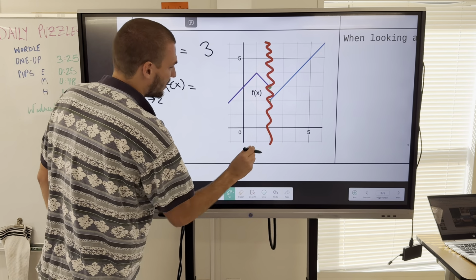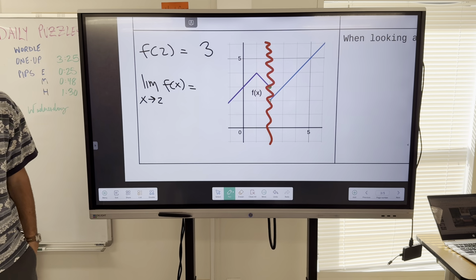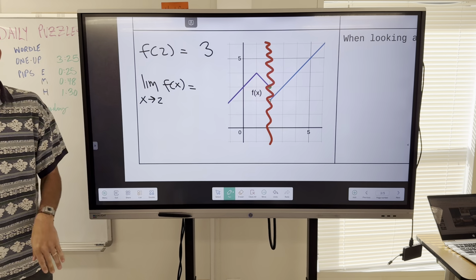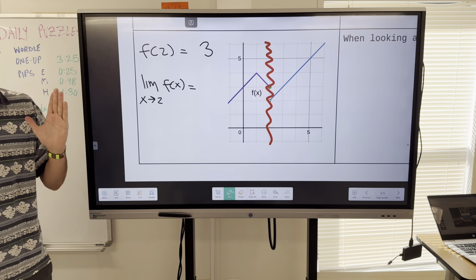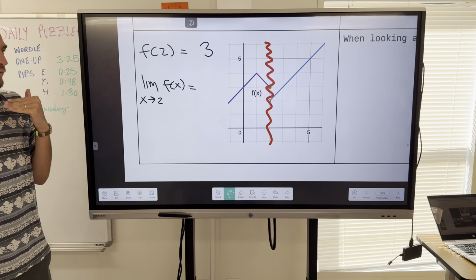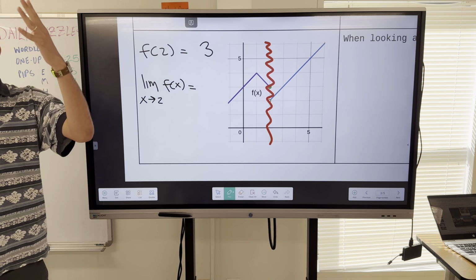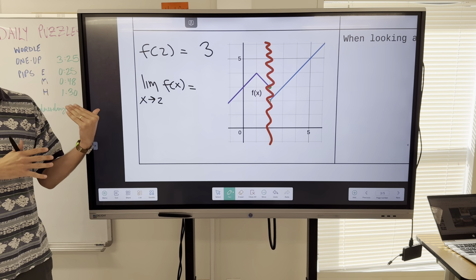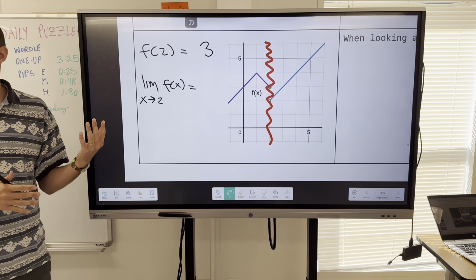It does not matter. A mistake would be to say, well, Luke should be right because the true answer is 3. That's not how it works. The only thing that matters for limits is to make a prediction. Can we make a prediction that we all agree on for this function? At 2. No, we can't.